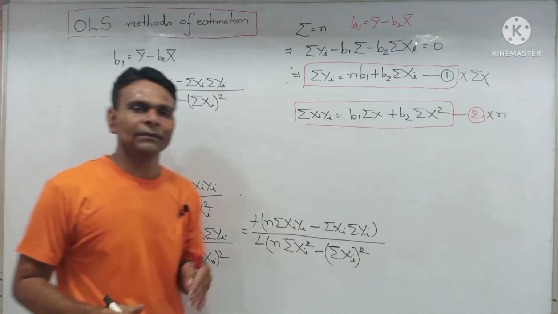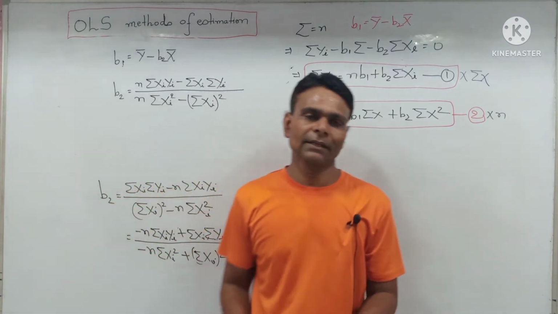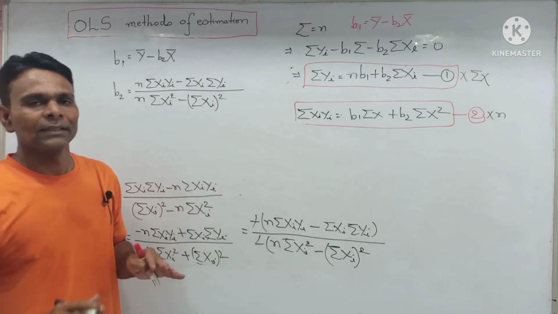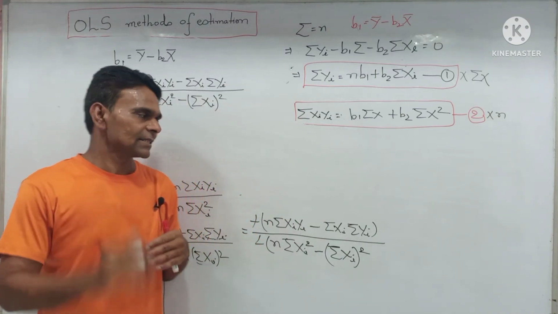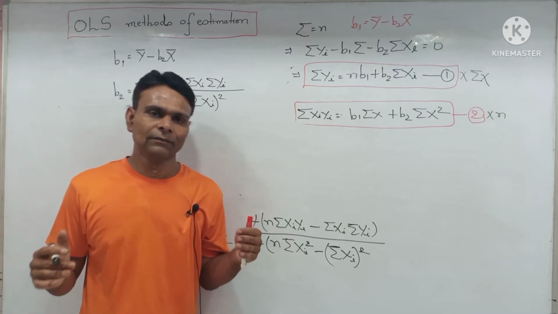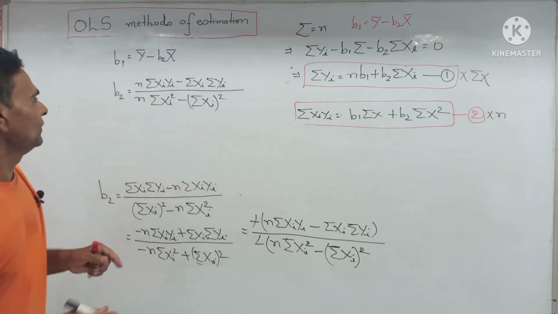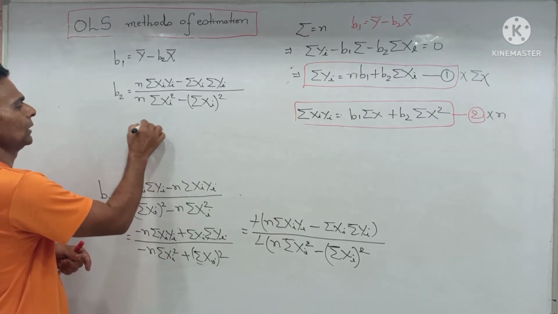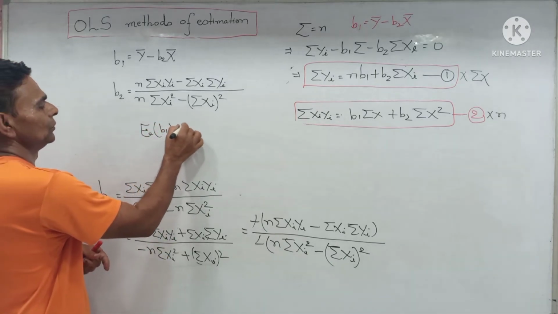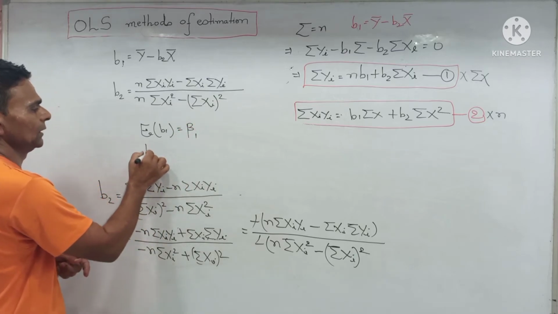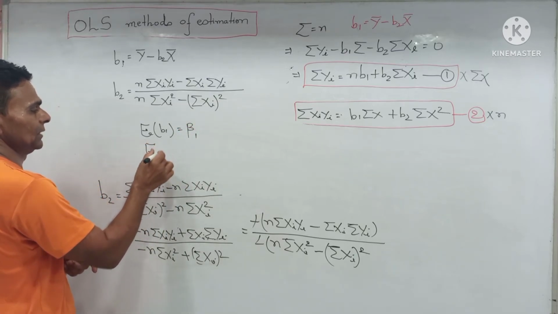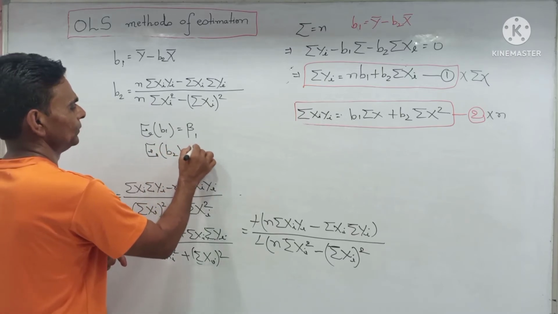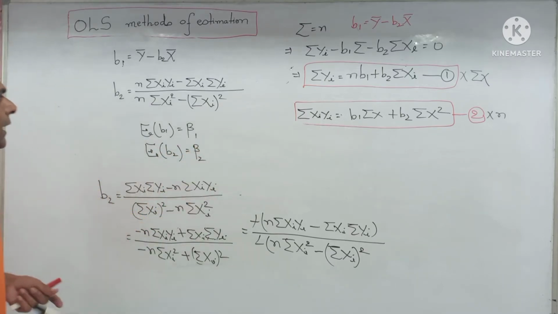Both parameters b1 and b2 are estimated. If we get the values of b1 and b2, we can easily estimate the true population values beta 1 and beta 2, because the expected value of b1 equals beta 1, the true population parameter, and the expected value of b2 equals beta 2.